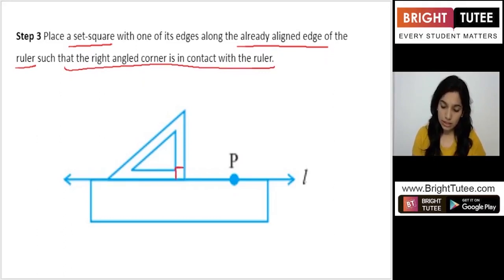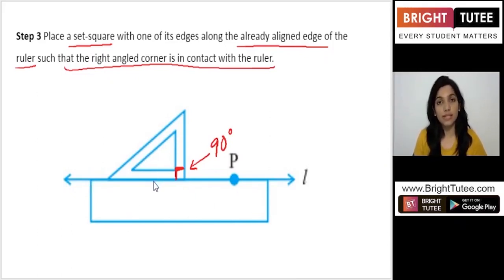Here you can see this is the 90-degree angle on our set square, right? On this line L, first you placed this ruler, then on top of this ruler you have kept your set square. Make sure that this 90-degree angle is aligned with the ruler.